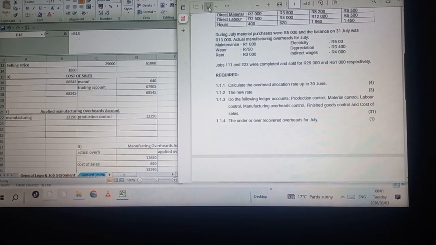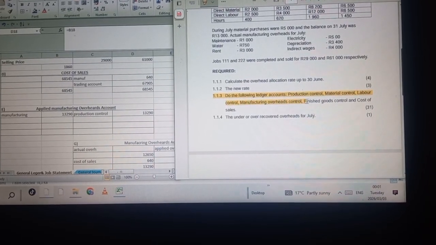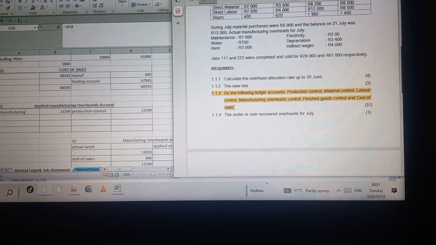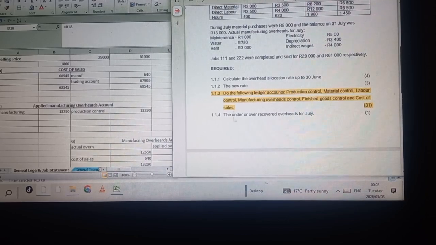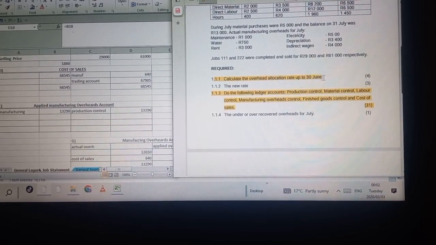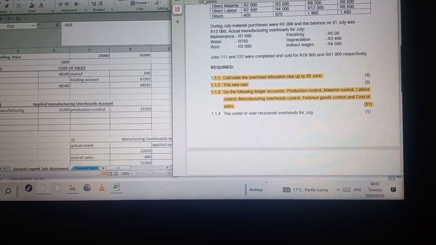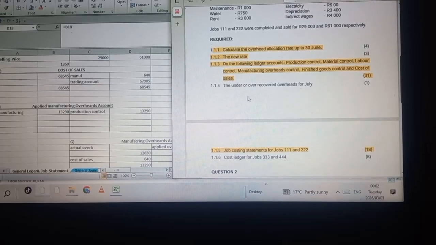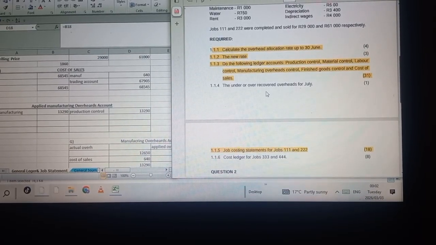We're done with our 31 marks. We're done with our 1.1.4, 4 marks. Also, we're done with our 3 marks. 1.1.4 says you should state that our cost of sales is under or over recovered.